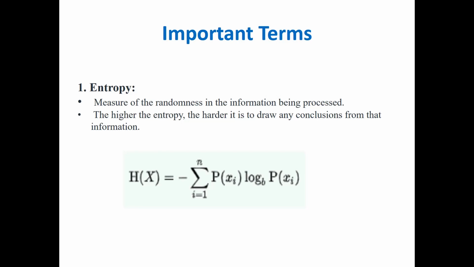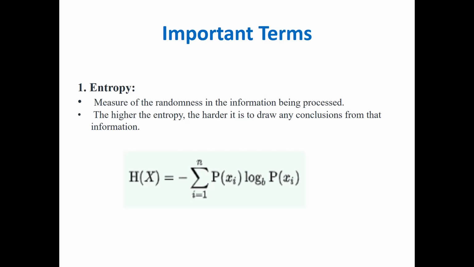So first we will discuss the important terms in a decision tree, and then we will understand the decision tree by solving one numerical example. So the first important term is entropy. Entropy in information theory, we have also studied this term. It is the measure of randomness in the information which is being processed.